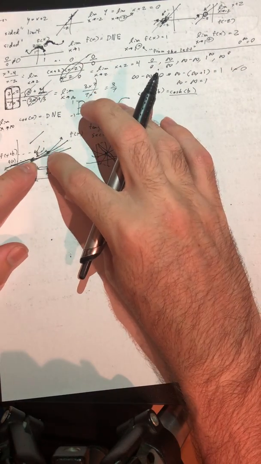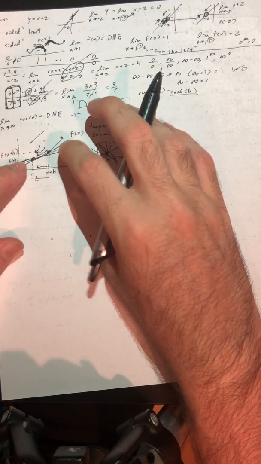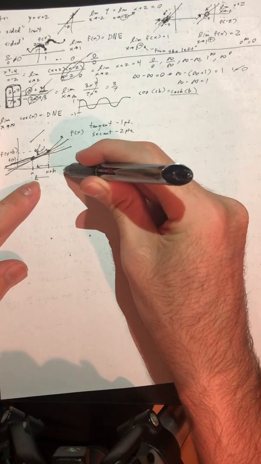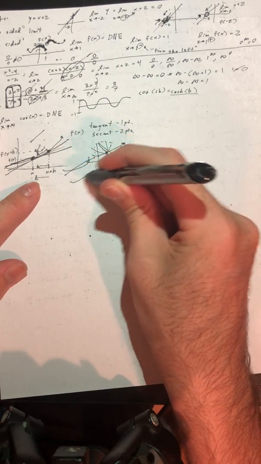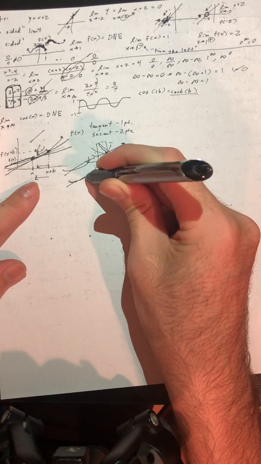So we have these 2 points approaching each other, and as they approach each other, this secant line that intersects at 2 points becomes roughly a tangent line that only intersects at 1 point. And that's why we have the whole 2 points to begin with.